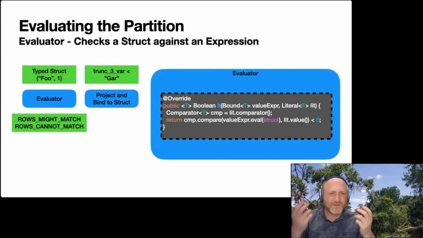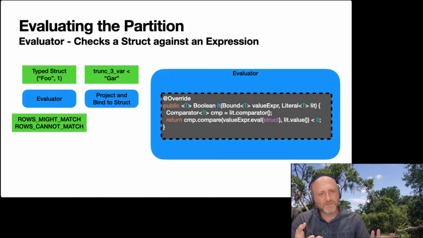So the way that our partition evaluation works is, again, we have another visitor. Basically, we have an expression visitor, which, similar to the one we saw before, has a definition for each of the different operations. We take our Iceberg expression, we bind it to this particular partition struct, and then with that, we run our evaluator, which will basically just do the exact same thing as we saw before, but with a little more complicated extraction, because now the way that our expression is written and the way the struct is constructed might be slightly different.